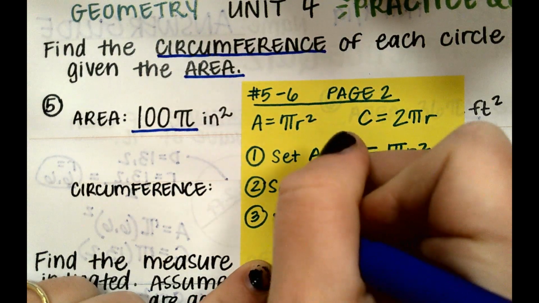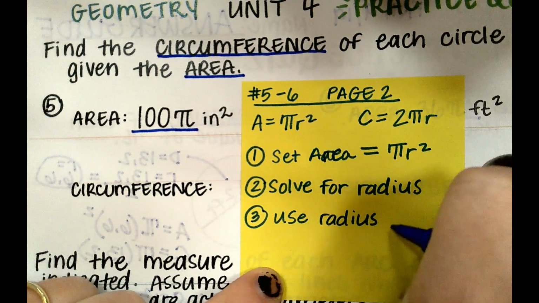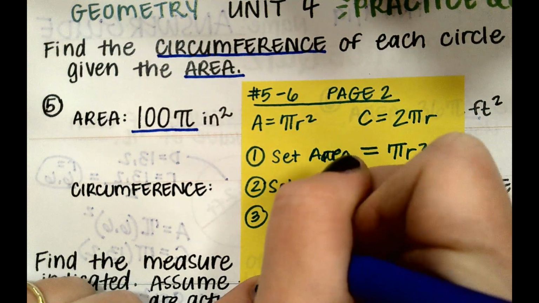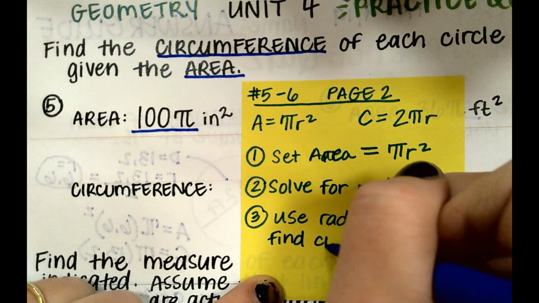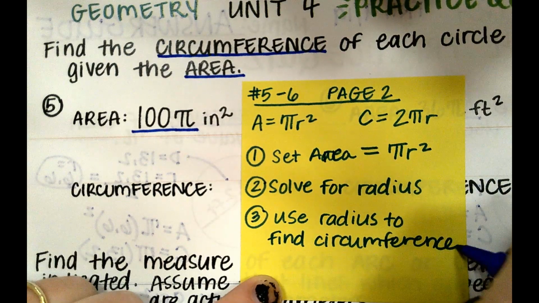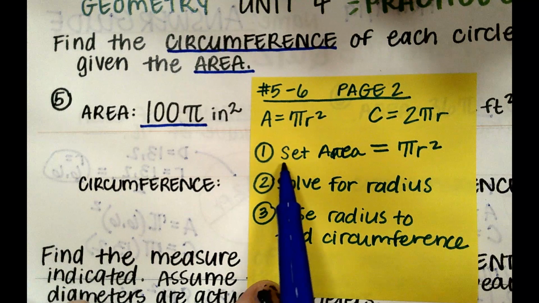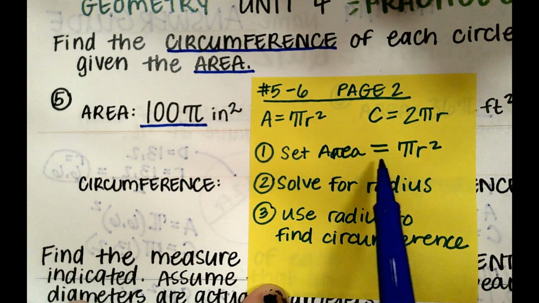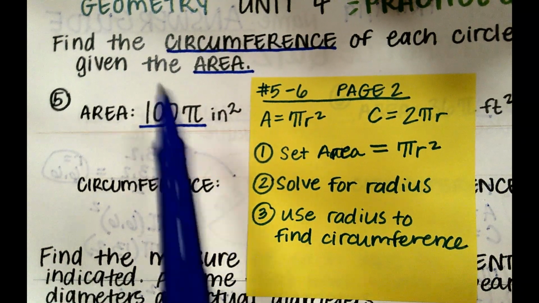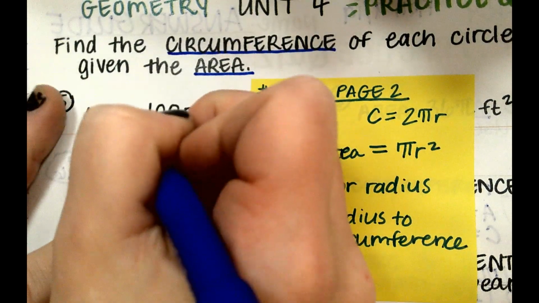And then we use radius to find circumference. So these are the 3 steps. For number 1, it says set area equal to pi r squared. For number 5, my area is 100 pi.